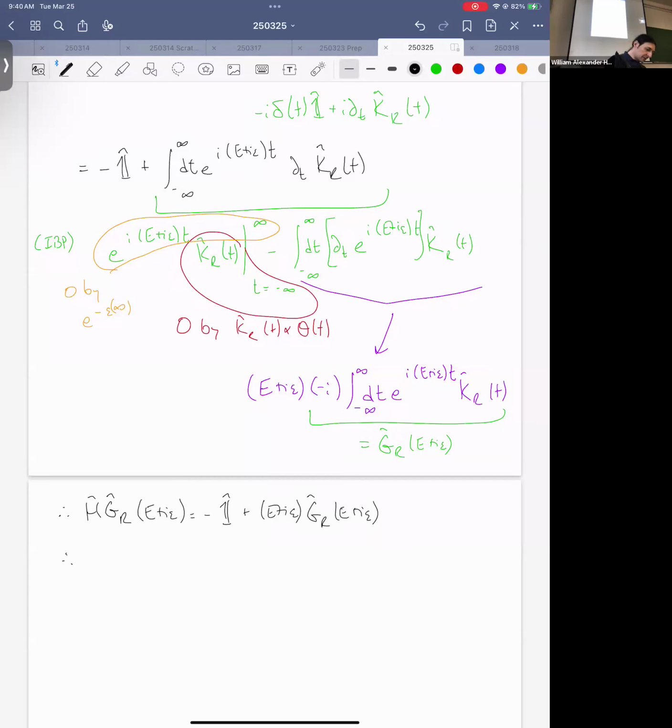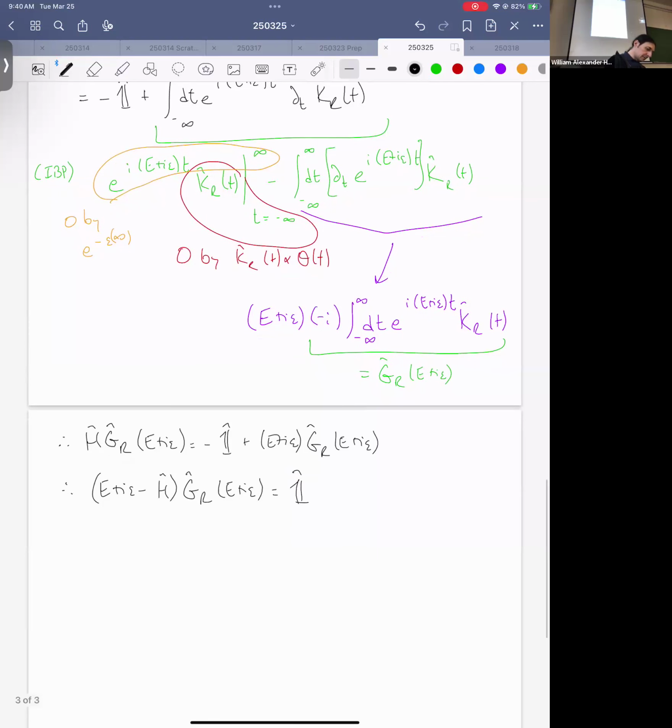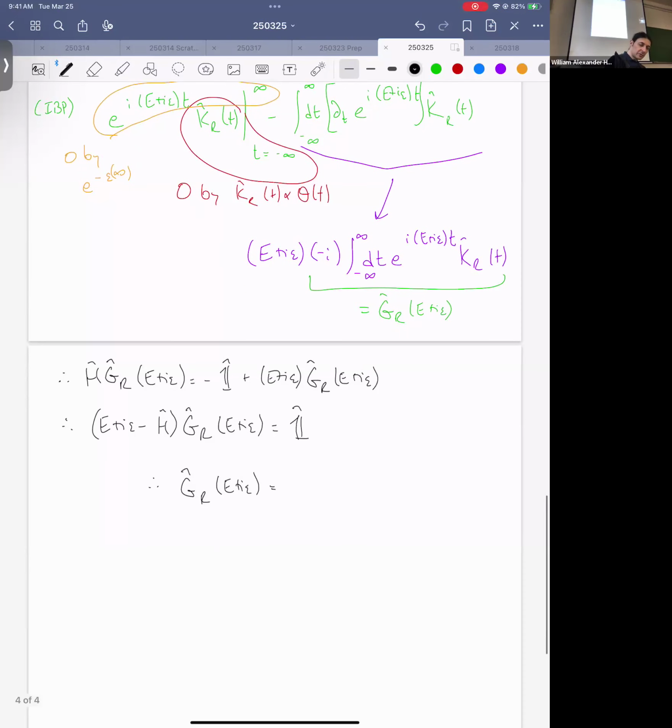So that tells me then that e plus i epsilon minus the Hamiltonian operator, I guess there's implicitly a 1 multiplying this e plus i epsilon, acting on the retarded resolvent is equal to 1. What does that tell me? It tells me that this retarded resolvent is 1 over e plus i epsilon minus the Hamiltonian.